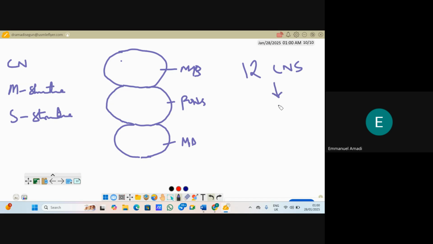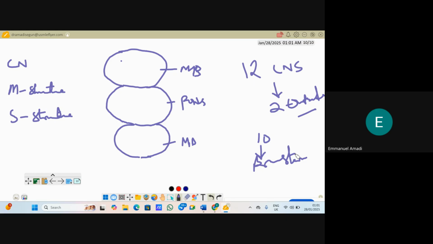So of that 12 cranial nerves you have, only two of them are seen outside of the brainstem. So only two are outside of your brainstem. The rest 10 dwell in the brainstem. So if the rest 10 dwell in the brainstem, how are they arranged? Remember, the first two are out. That is cranial nerve 1 and 2.